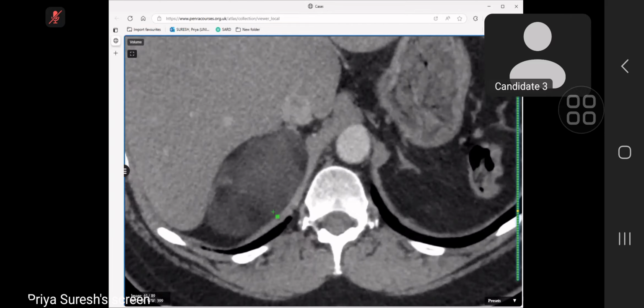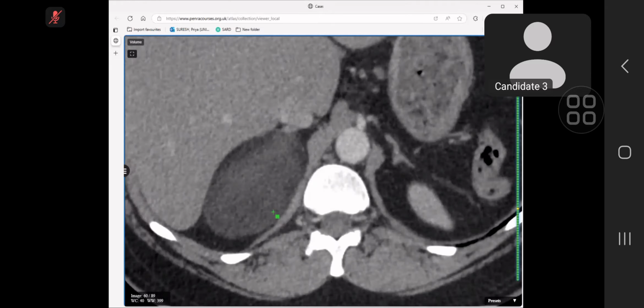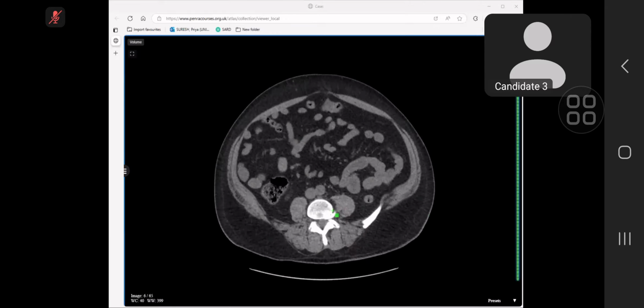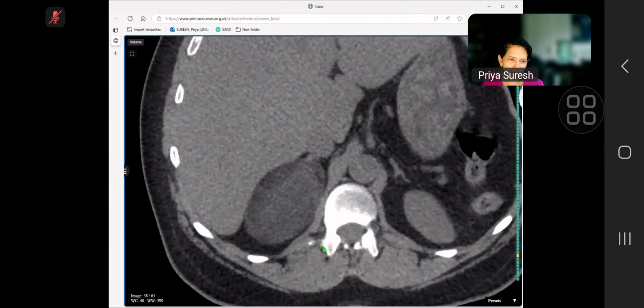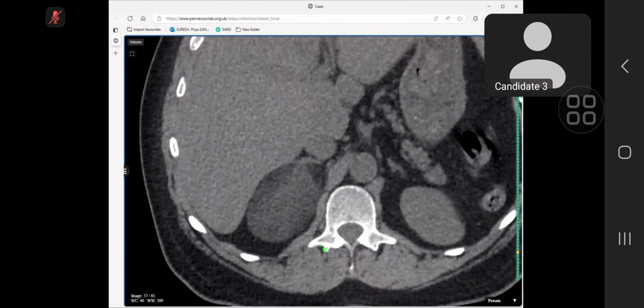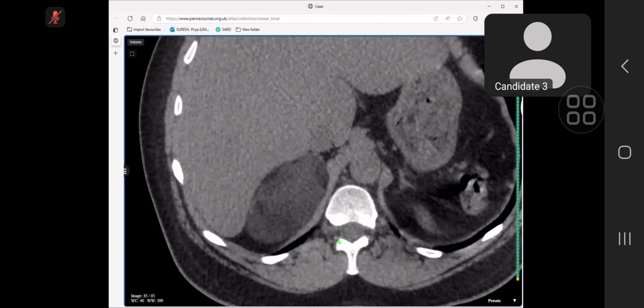I would like to see both images side by side to confidently comment on the enhancement. This is a small enhancing component. Yeah, this is showing enhancement, as on plain images this is not very conspicuous or well demarcated.